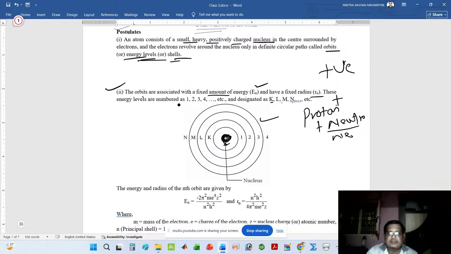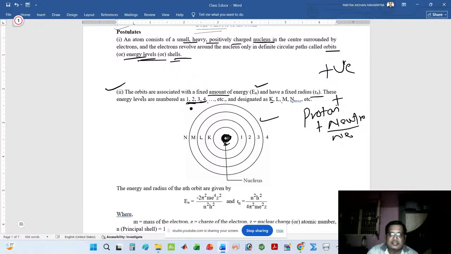According to the new concept, the shells are numbered as 1, 2, 3, 4 like this. If you increase the shells, there will be no problem. You can increase the number up to infinity. So this is the better system for numbering the shells.